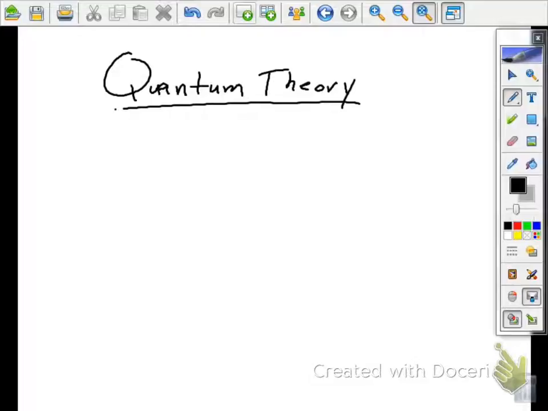Right. So Schrodinger's cat came up with the idea of not knowing the specific location of an electron at any point in time. Okay? And I don't know all the ins and outs of Schrodinger's cat, but that's kind of where that name comes from. All right?